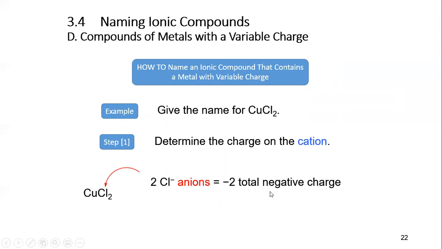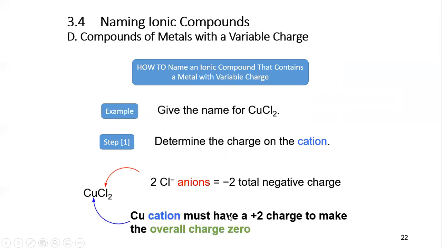That gives us a total of a -2 charge. In order for this to be balanced, the copper must have a +2 charge, because -2 + 2 gives us an overall charge of 0. So by knowing the charge of the anion, we can determine the charge of the cation. You don't have to memorize all the different transition metals.